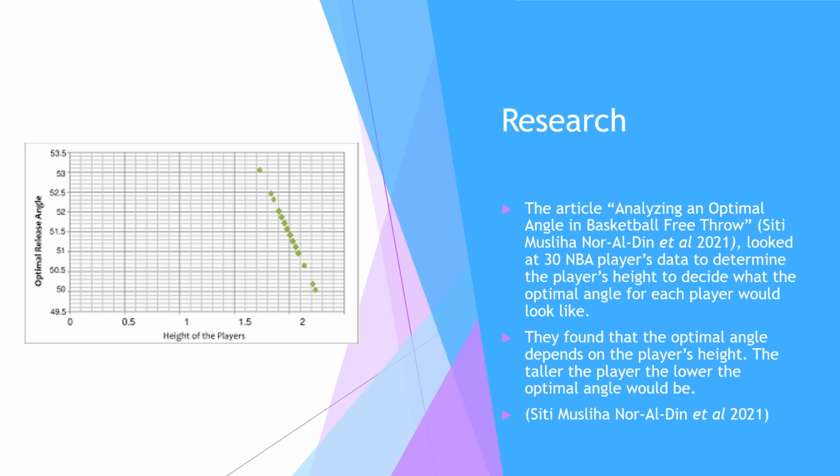They found that the optimal angle depends on the player's height, like the last researchers found, and that the taller the player, the lower the optimal angle would be. So if you're over 6 feet tall, you would hold it higher than someone who is 5'2". So the person who's 6 feet tall would need a smaller release angle than the player who's 5'2".